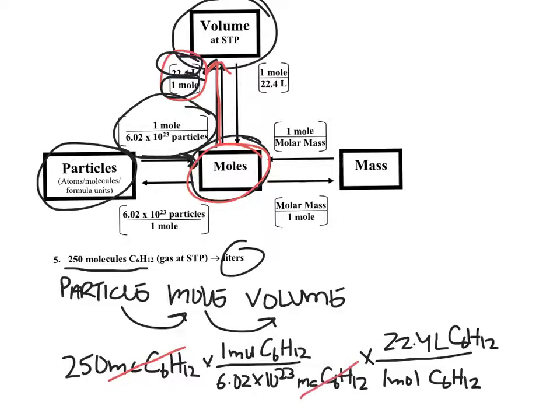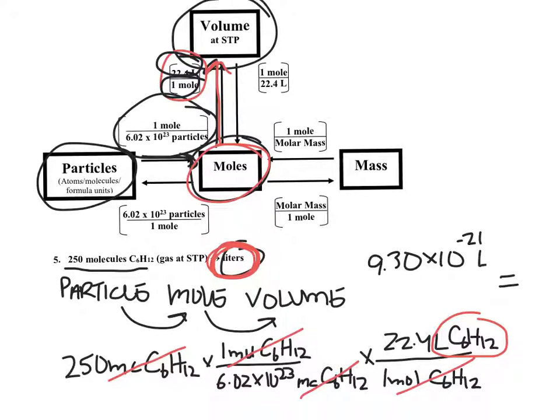Molecules and molecules of C6H12 go away. Moles and moles of C6H12 go away, and I'm left with the units of liters, which is exactly what I was looking for. So perfect. I'm going to multiply everything on top, divide by everything on the bottom, and the answer you should end up getting after you put it in your calculator is about 9.3 times 10 to the negative 21st liters of C6H12.